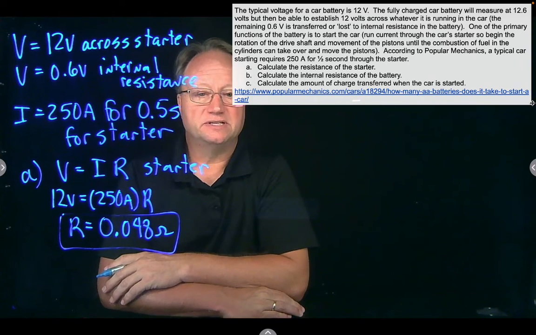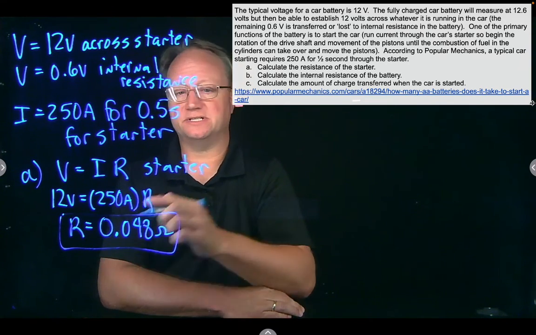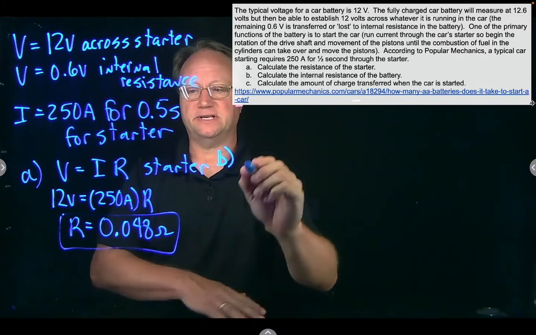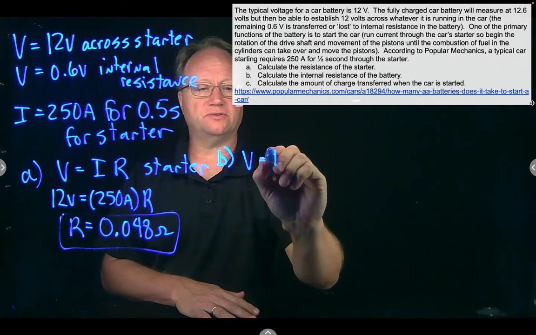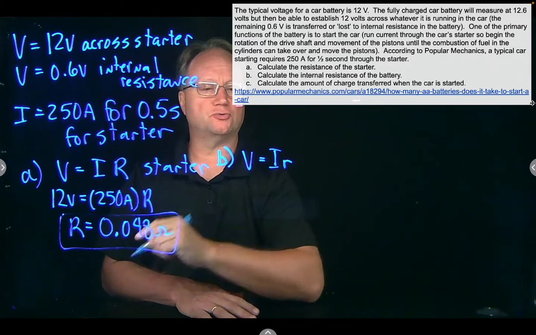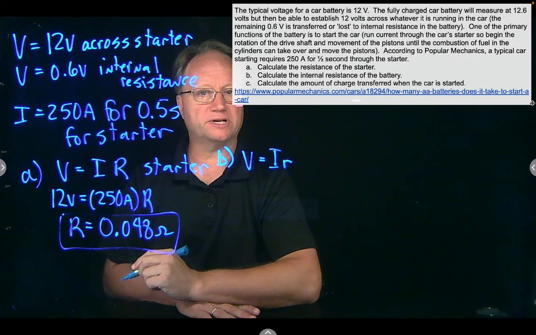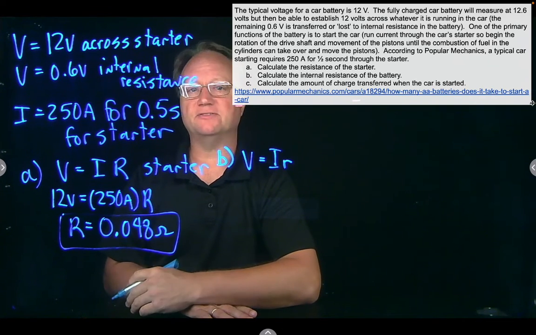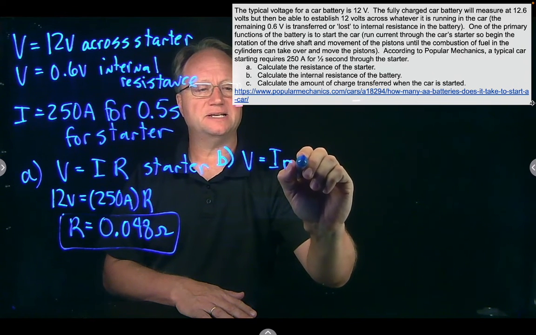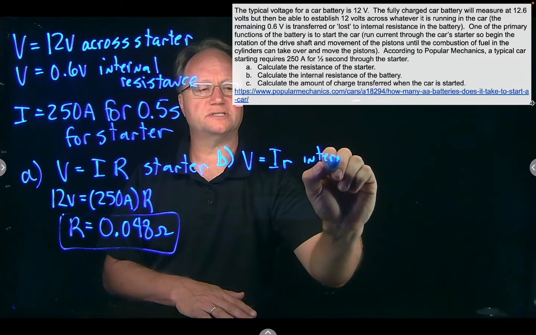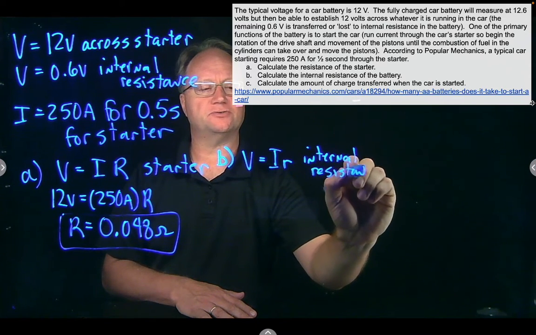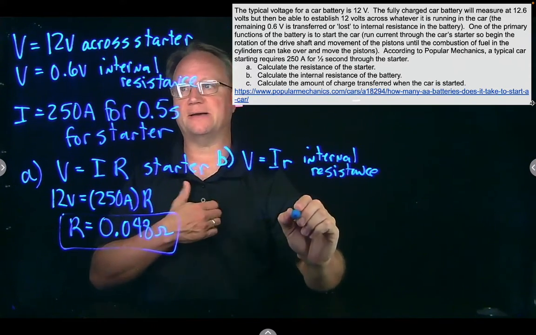In part B, calculate the internal resistance of the battery. Well, now we're still applying Ohm's law, V equals I times R. I'm going to write the internal resistance of a battery as a lowercase r. That's relatively standard to do. So we're dealing with the internal resistance. So then our numbers need to relate to that internal resistance or that battery.